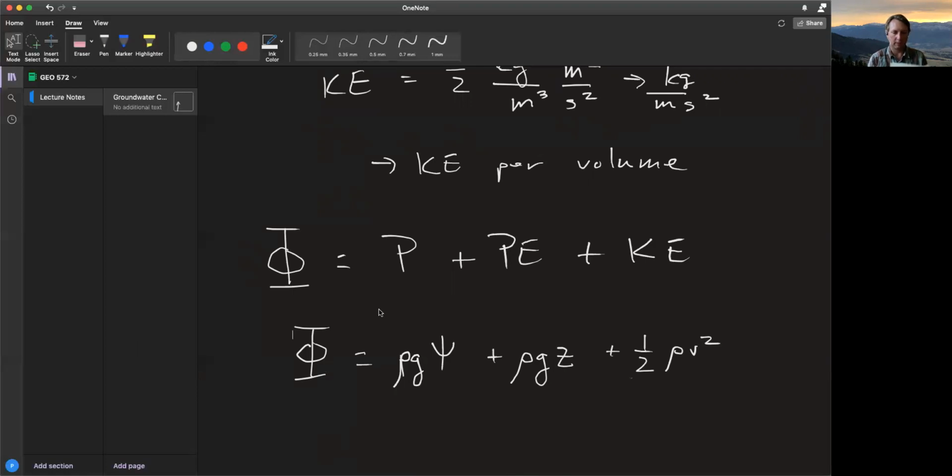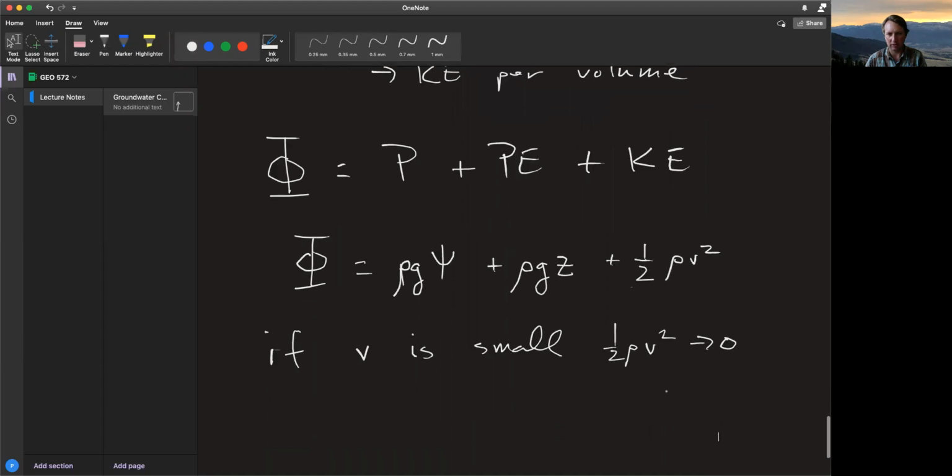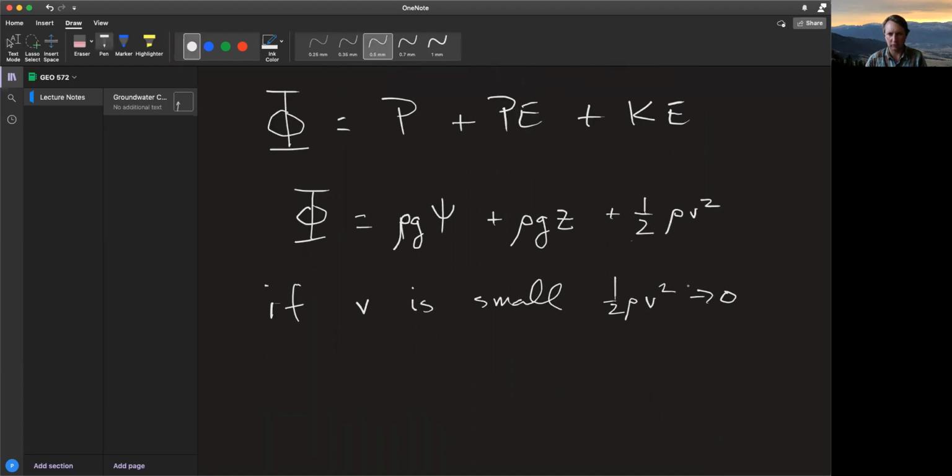All right, so if we're in a slow moving fluid, so if v is small, then this guy goes to 0. All right, and so for most groundwater applications, the fluid velocity is pretty small and the kinetic energy is not a great source of fluid potential.